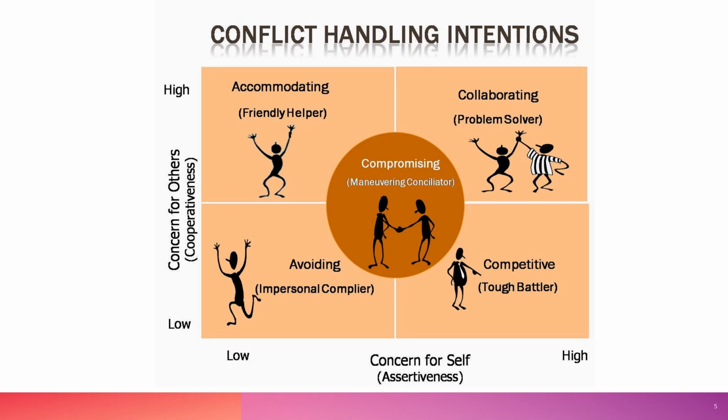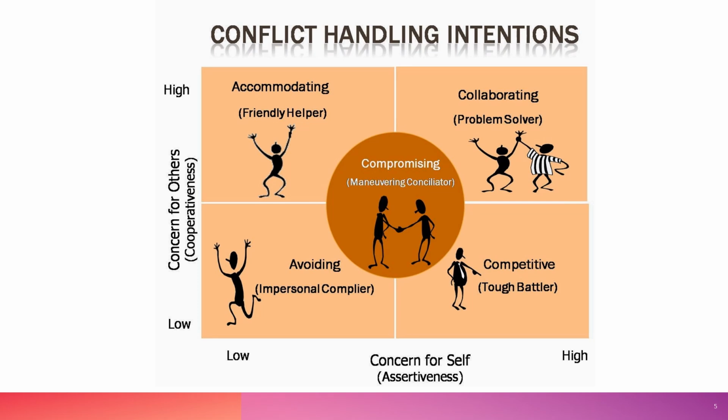When we have a higher concern for others and a lesser concern for yourself, that is accommodating, also deemed the friendly helper. You, in a sense, accommodate or sacrifice some of your concern for yourself in order for others to have greater cooperation within the conflict. Correspondingly, we have a high concern for self, but a low concern for others.